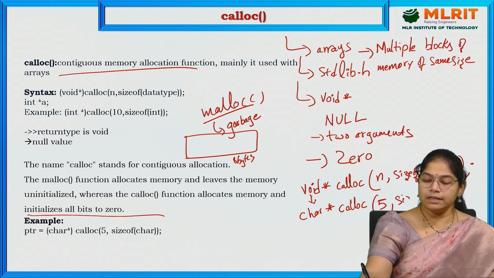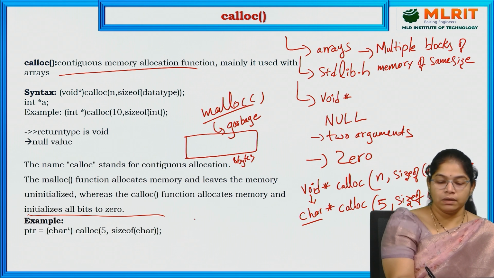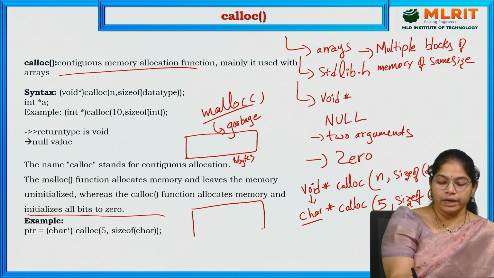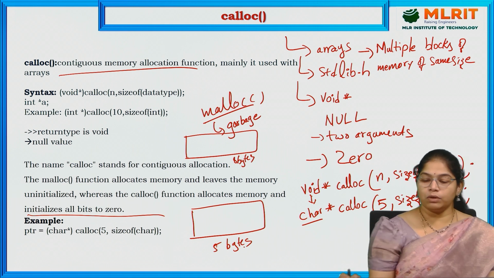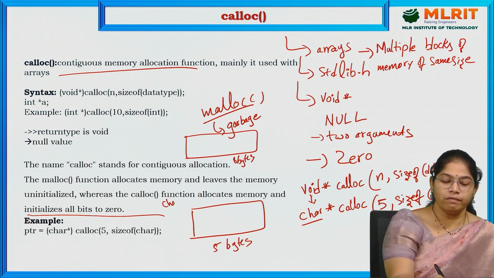Then the size of the data type. Here the data type I am using is character. Character occupies 1 byte of memory. That means it allocates 5 bytes of memory to store character values.